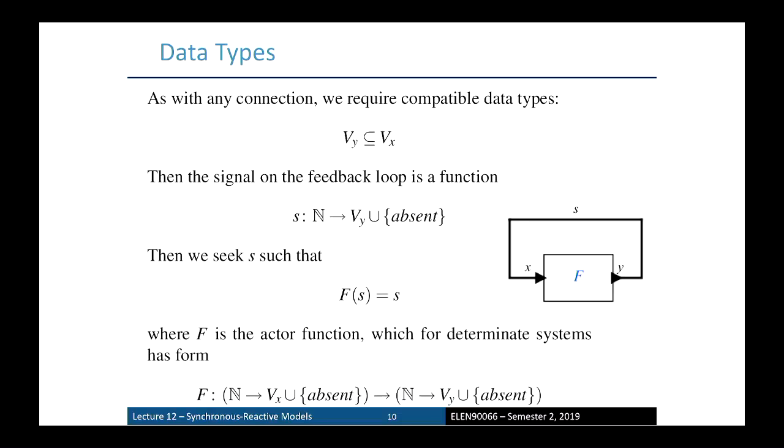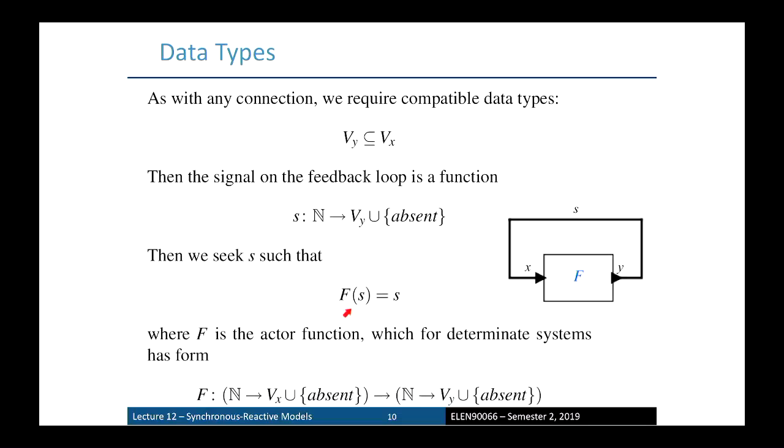The domain of this is natural numbers, and the codomain is now the space of output signals unioned with absent, because there may be no event there. So what's Vy? Vy could be lots of things. It could be a pure signal, present or absent. It could be natural numbers. It could be anything. It's whatever that signal space is unioned with absent.